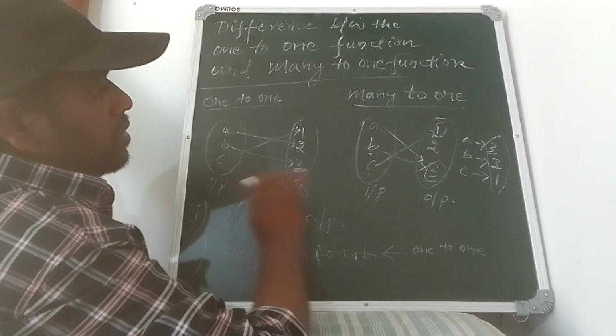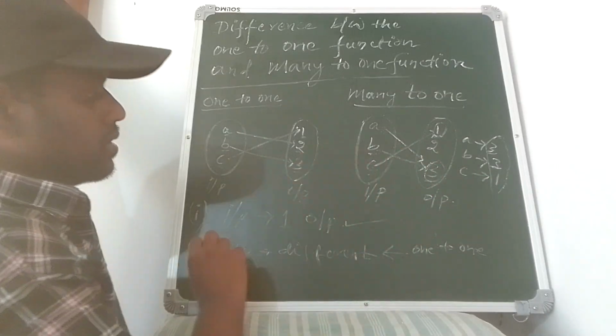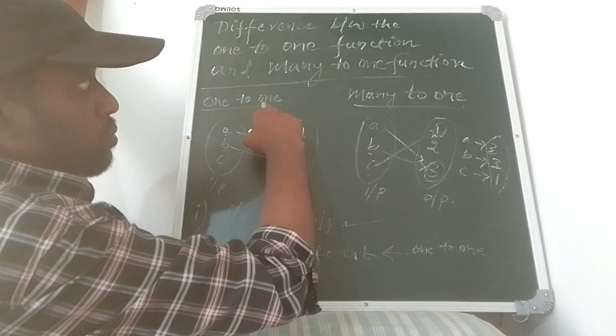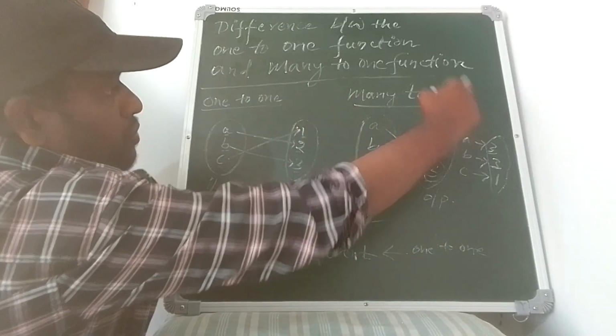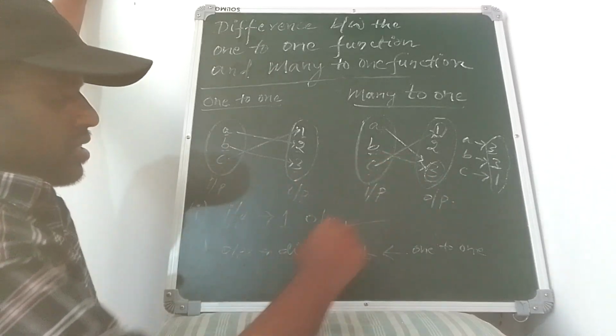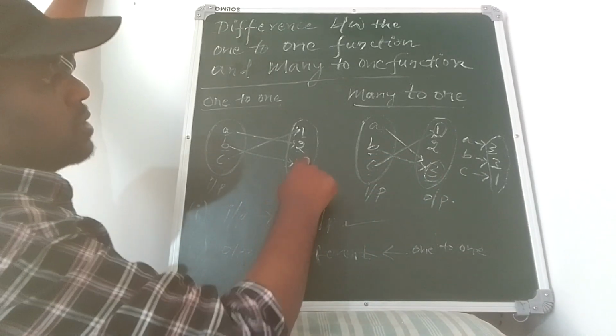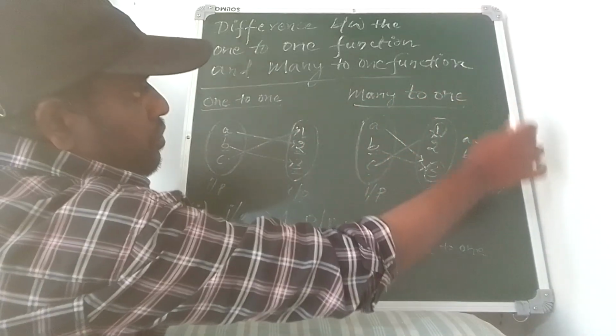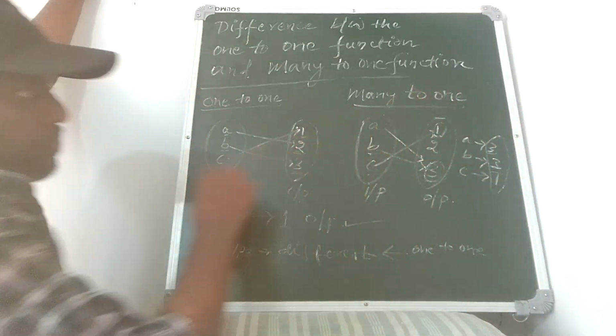What is the similarity between this and this one? For each input, one output, in both the one-to-one function and the many-to-one function. This is the similarity, the same in both cases. What is the difference? In the one-to-one function, outputs are different. In the many-to-one function, outputs are same.